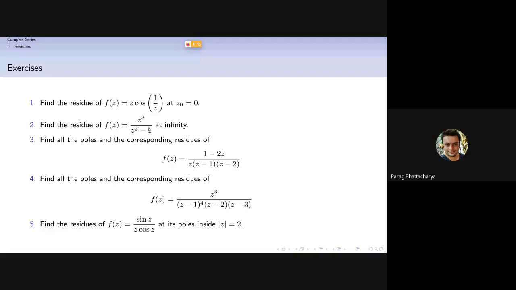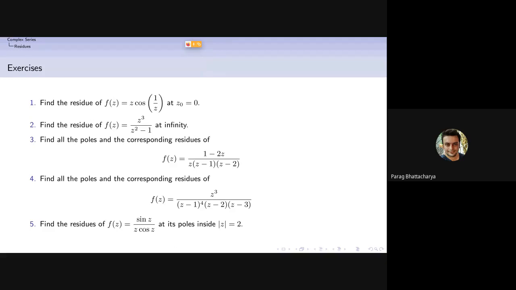Then let me do one more problem. Let me try the third one. Problem number 3, just give me a second, let me write it down.